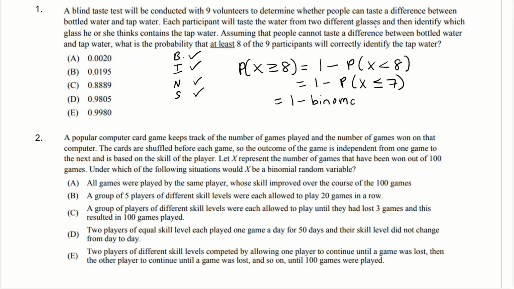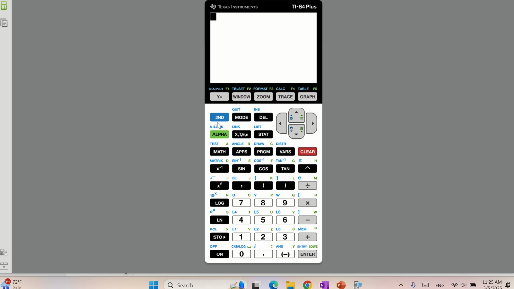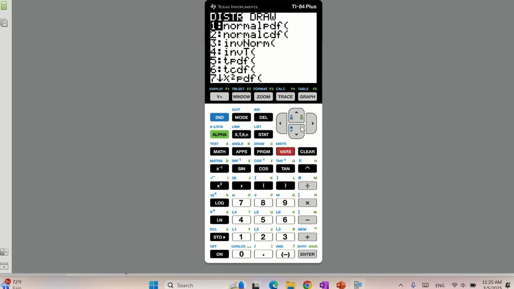Remember, the first thing we have to identify is the number of trials, so n equals 9. The probability of success is 0.5, and then the x value is 7. So we do 1 minus the binomial CDF. Here we're going to show you: you hit second, vars, and go down to binomial CDF.